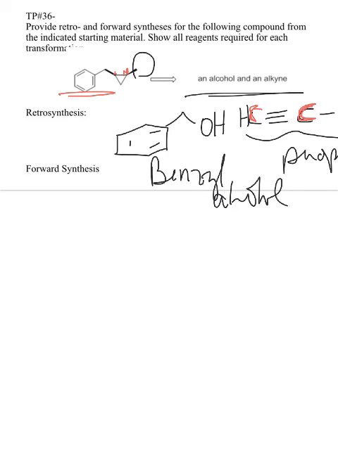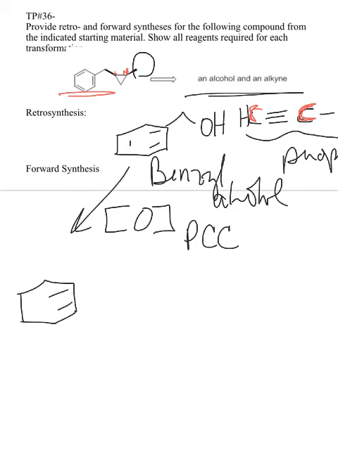Now, what I would do here, and you don't know this yet, so you wouldn't be able to work this, but maybe in the future you'll learn that you can do an oxidation reaction. So you can actually use PCC, and you can oxidize this to a benzylic aldehyde.